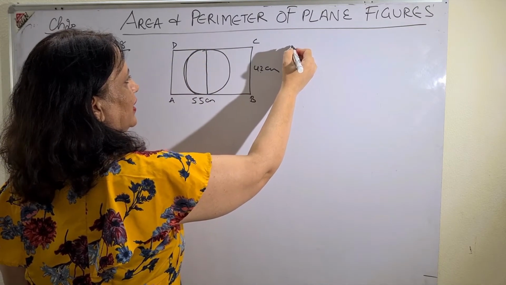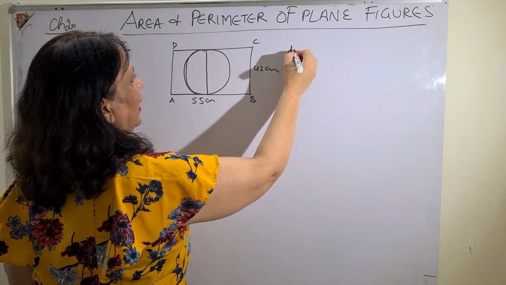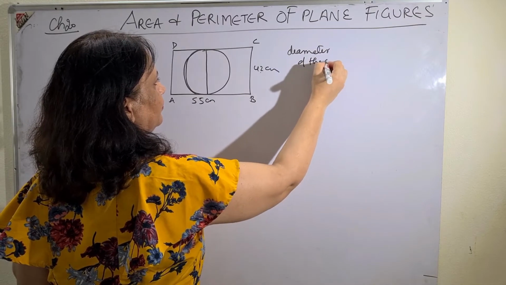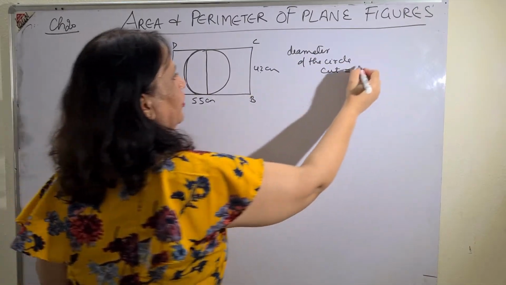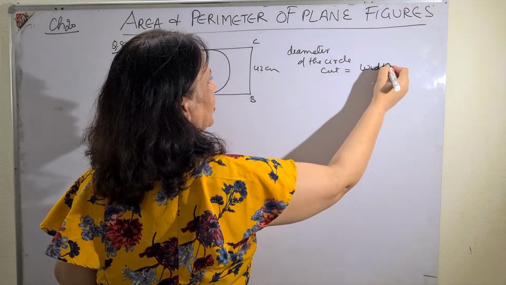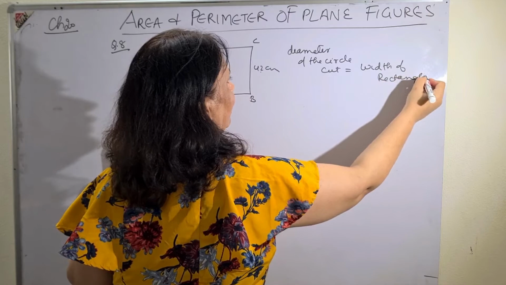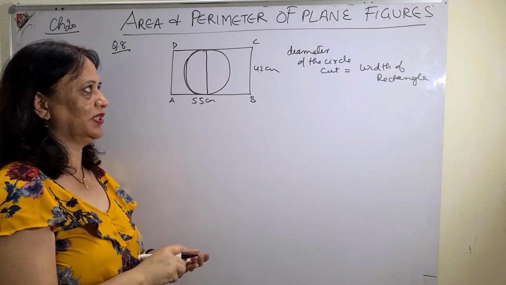From there I get the concept that the diameter of the circle cut is equal to the width or breadth of the rectangle. Always remember that the circle is to be cut from the shorter side.